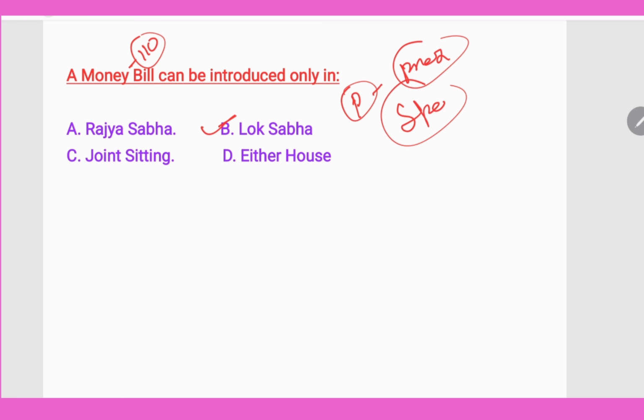Remember, the speaker decides whether a bill is a money bill or not, but the president gives the permission to introduce the money bill in Lok Sabha only, and then it goes to Rajya Sabha for 14 days. If Rajya Sabha in the 14 days takes no action over the money bill, it is deemed to pass automatically. Okay, you can say that Rajya Sabha has only 14 days over the money bill.